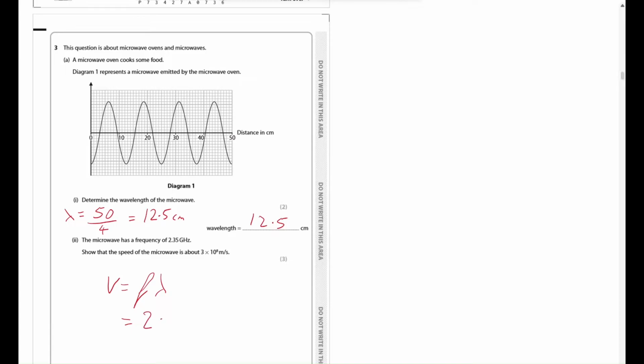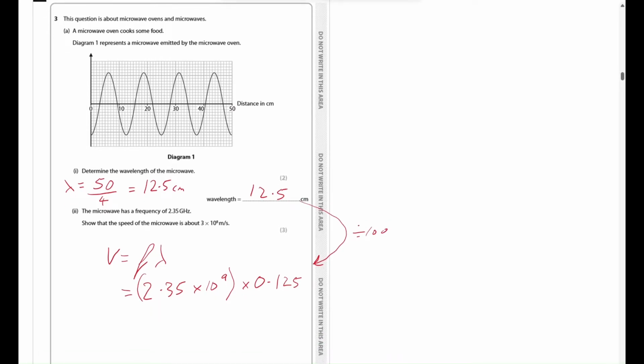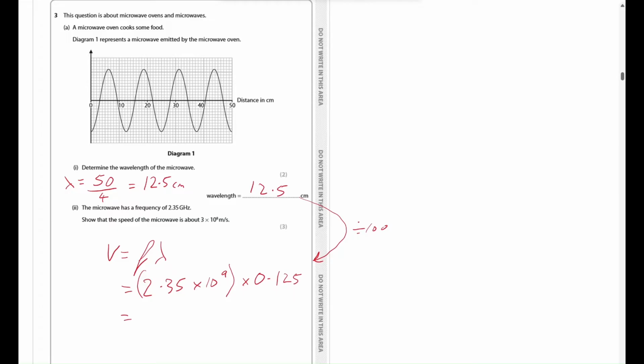v equals f lambda. Make sure you know the equations. 2.35 giga, giga is a billion, 10 to the 9. So times that by a billion. This is in centimeters, so I need to convert that. Divide it by 100 to get 0.125. Put that into my calculator.